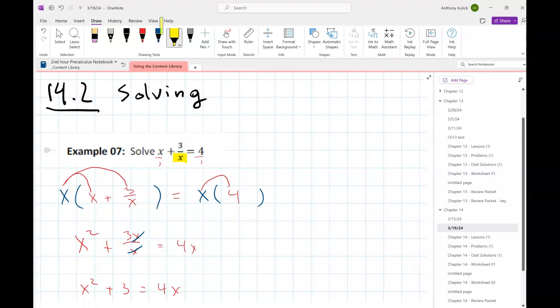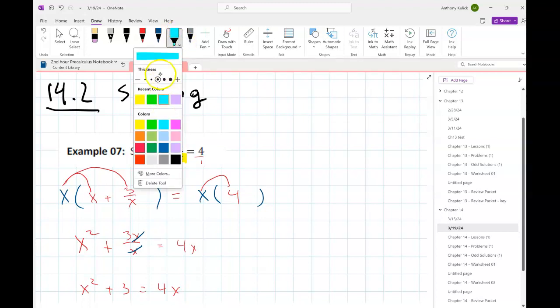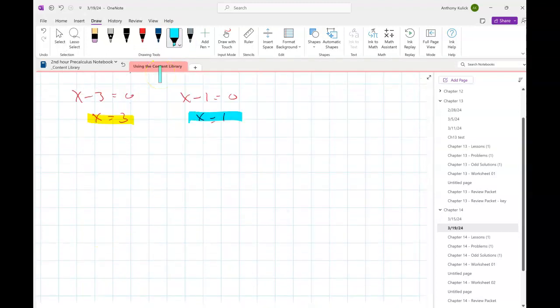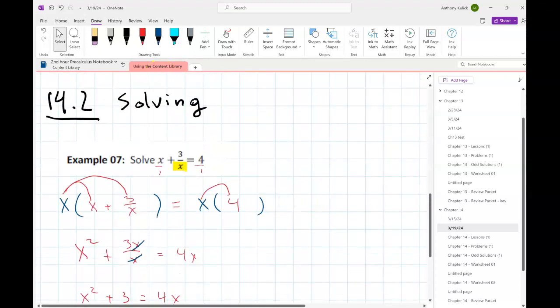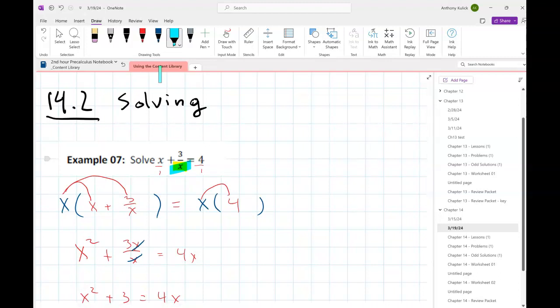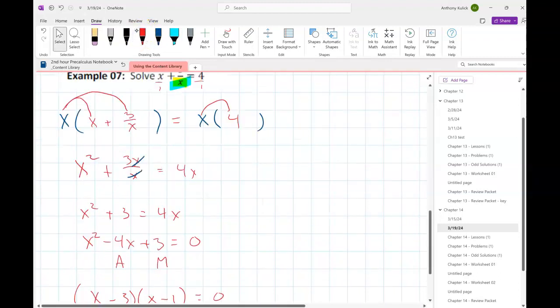So if I plug 3 in for x, do I get 0 in the denominator? Well, no, Mr. Kulik, I get 3. Great. And if I plug 1 in for x into the denominator, do I get 0? Well, no, Mr. Kulik, I get 1. Great. Then those answers are both fine, and we're done.